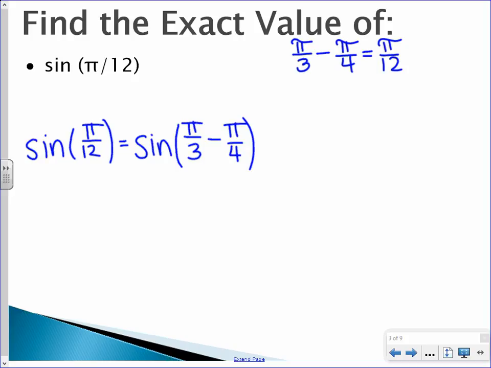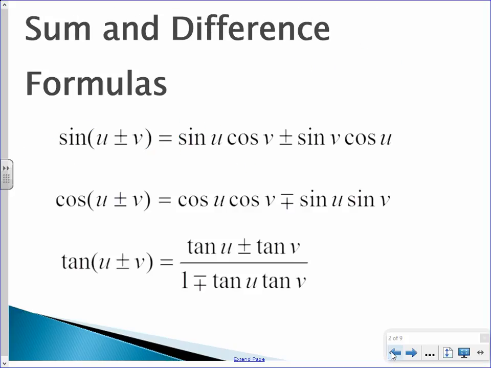Okay. Now, I want you to reference the front flap, we're going to look at that formula. If I have two angles that are being subtracted inside of sine, it's the same as sine u cosine v minus sine v cosine u. All right?